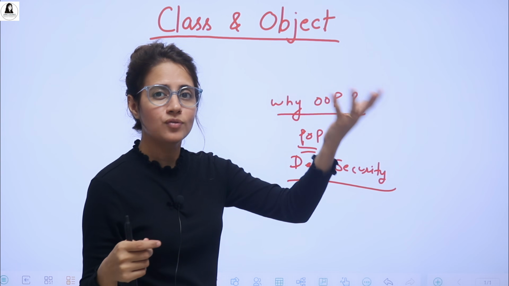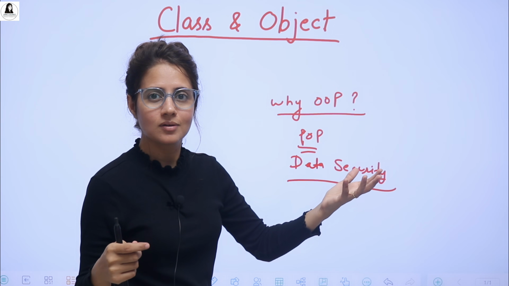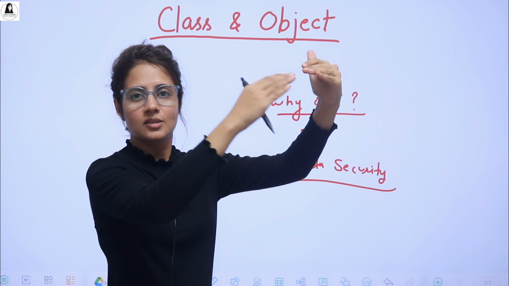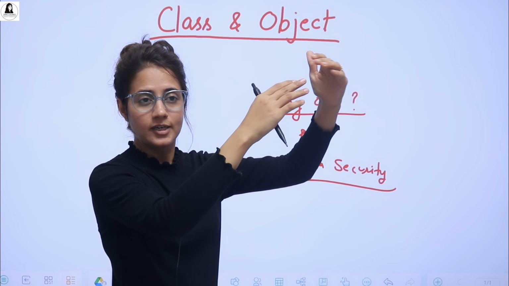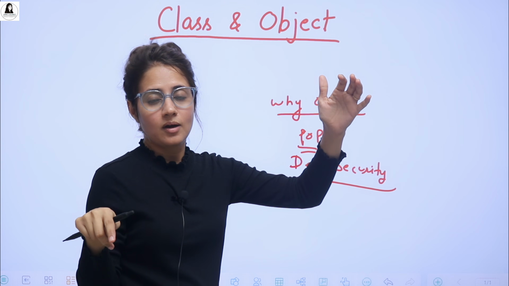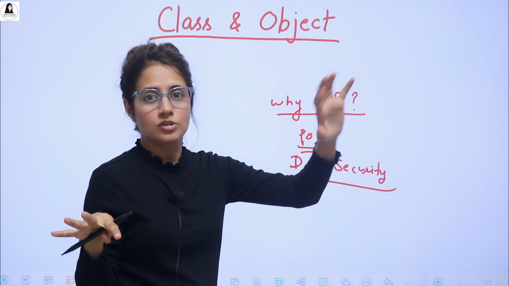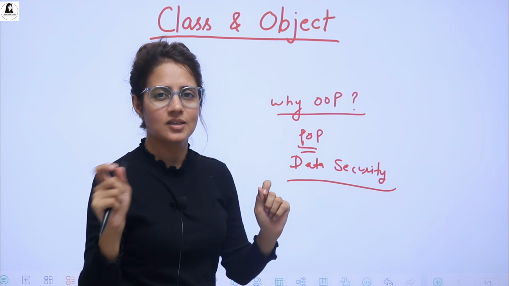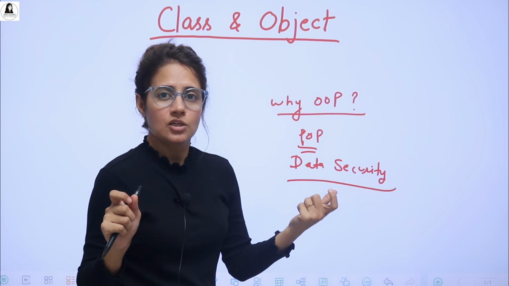So any function can modify that data, and the data is not secure. If one function has modified the data, then another function accessing it gets the already modified data, but maybe that function wanted the previous data. That would cause some kind of inconsistency in the data. So there is no data security in the POP approach.